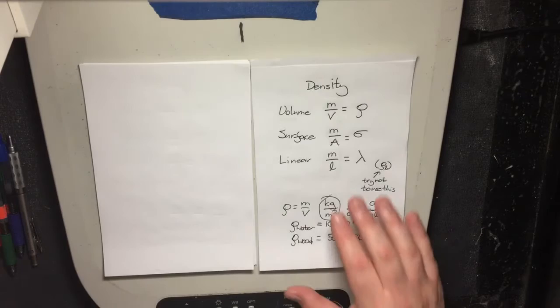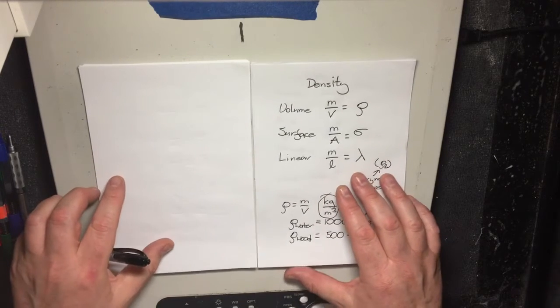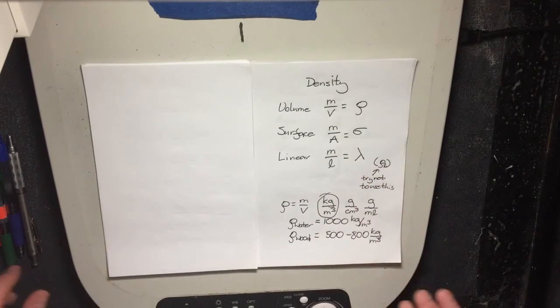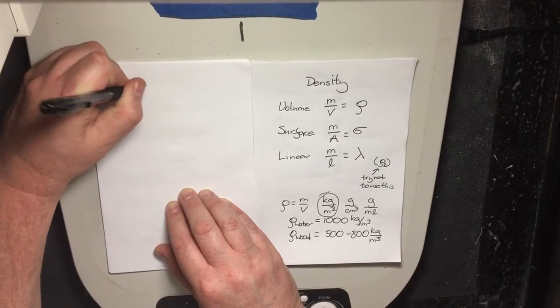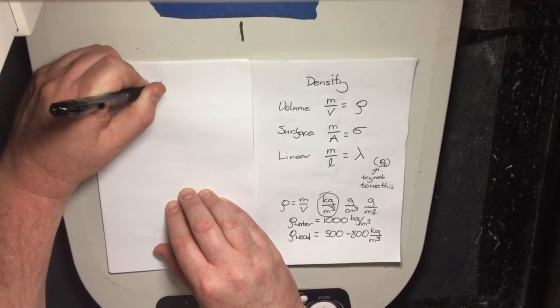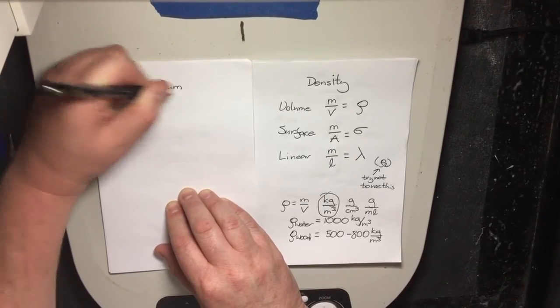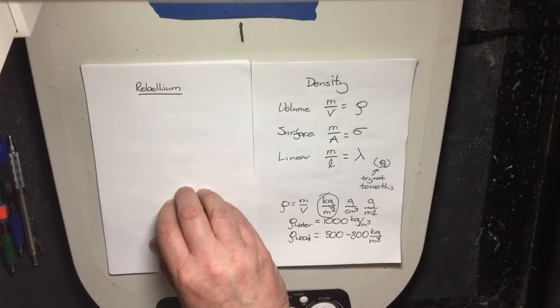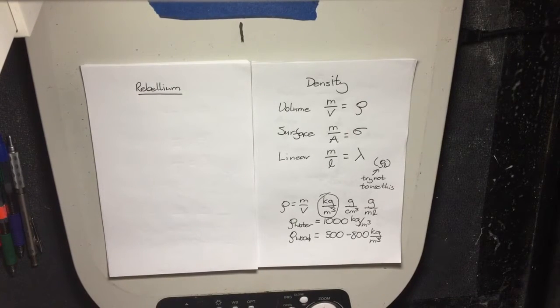I want to introduce, I guess I'm the great discoverer of an element, and that element is called rebellium. Rebellium is a fictitious element purely created because I'm too lazy to memorize all sorts of elements and their densities.